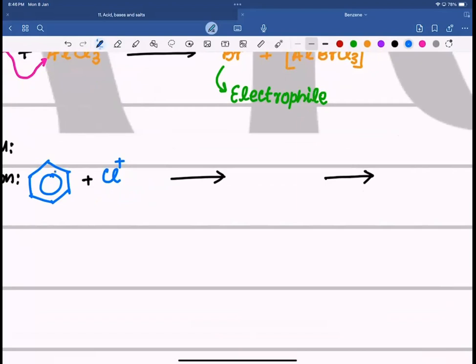When it reaches closer, the pi electron system will attack this positively charged electrophile. We know that each carbon has one hydrogen, right? For example, this chlorine is bonded to this carbon, so I'm going to show a hydrogen over here.